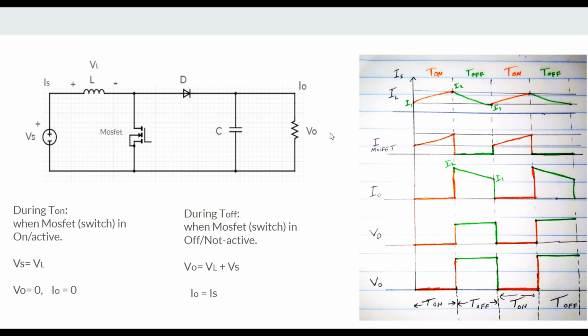That's why the output voltage will become the voltage at the inductor plus the voltage source. So the output voltage will increase compared to the source voltage, and the current flowing through this output will be equal to the source current. Now we understand how the output voltage becomes higher compared to the input voltage. You have to understand this.